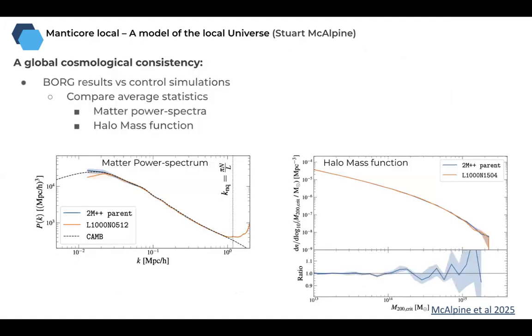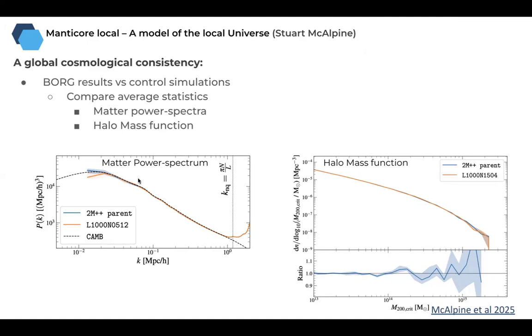We can test the plausibility under the physics model of this large-scale structure by using the classical cosmological tests like summary statistics. What I'm showing you here is the matter power spectrum for the volume that we are analyzing, compared to a random simulation of a lambda CDM universe.